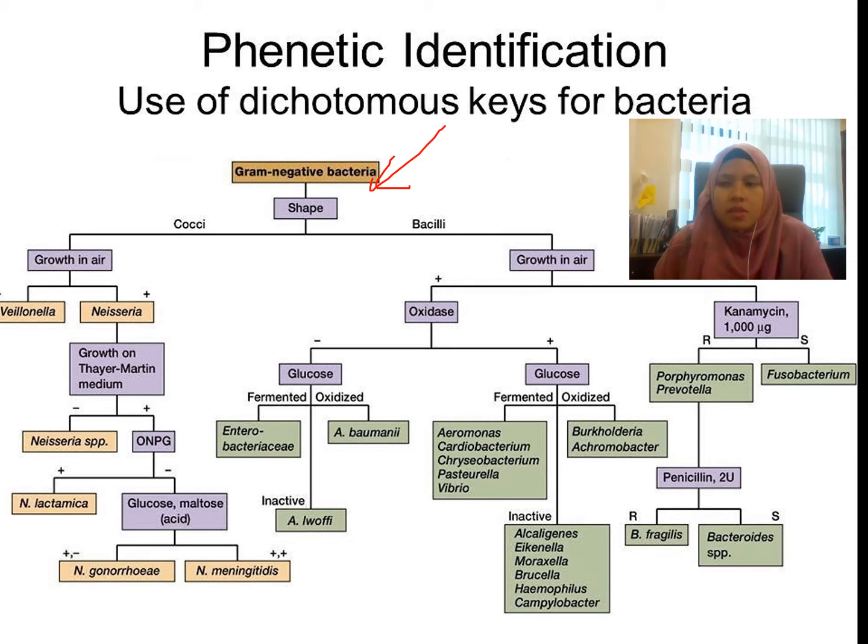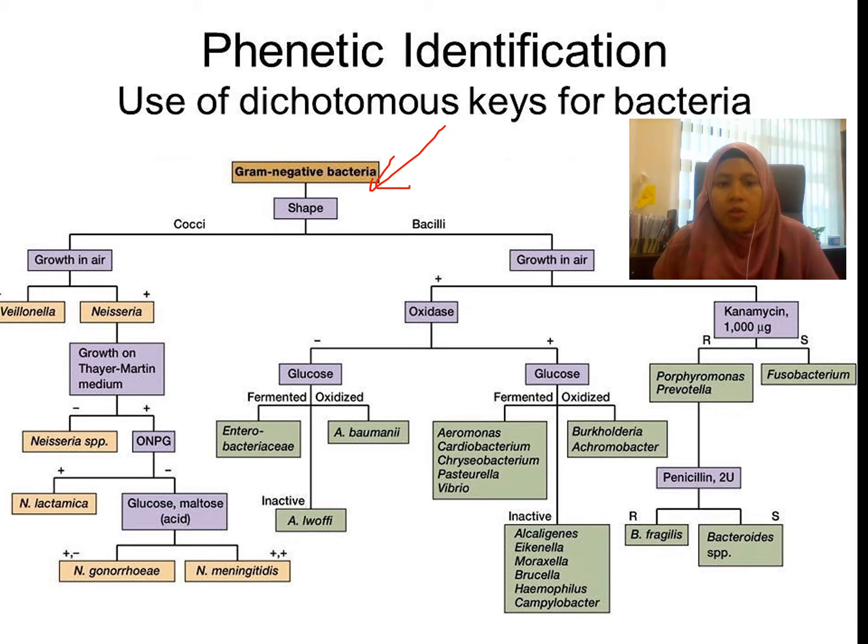Okay, because that's the most simple and easy, and it's very easy for us to distinguish between these two types of bacteria, whether they are gram-negative or gram-positive. And then after you've done that and you know that this unknown bacteria is gram-negative, then you can follow this.